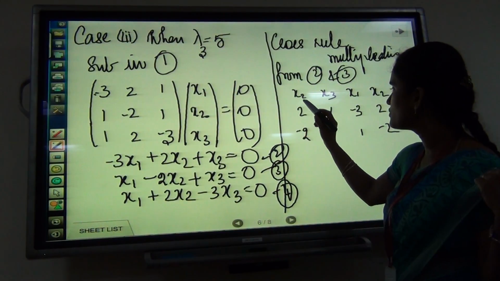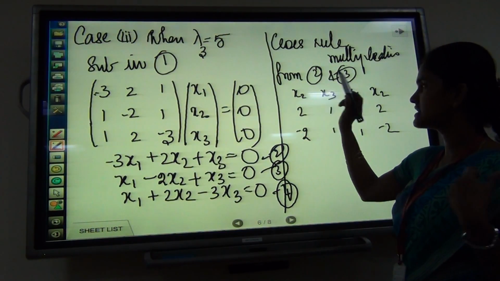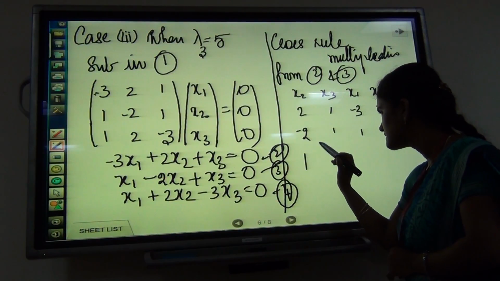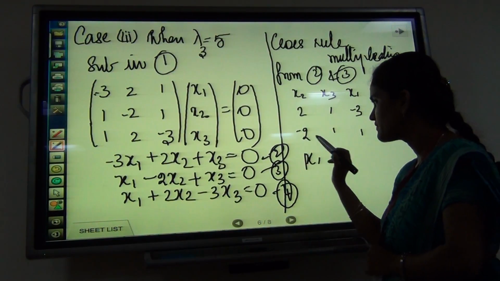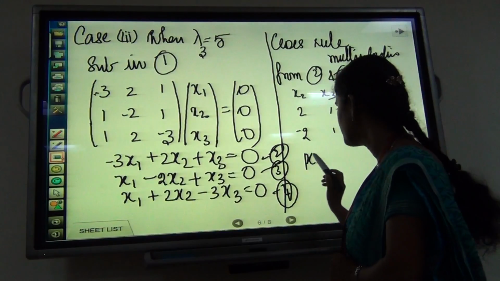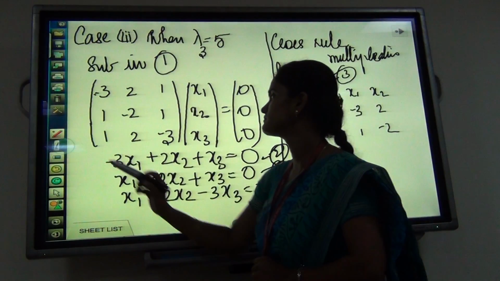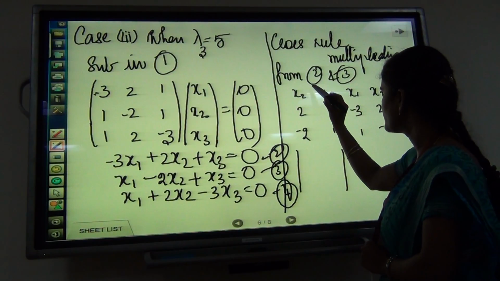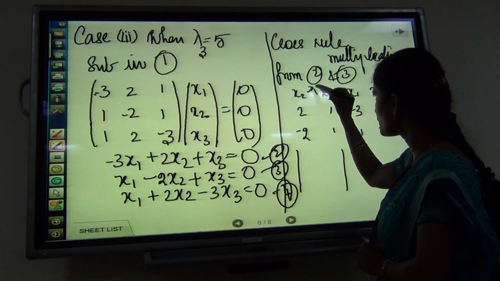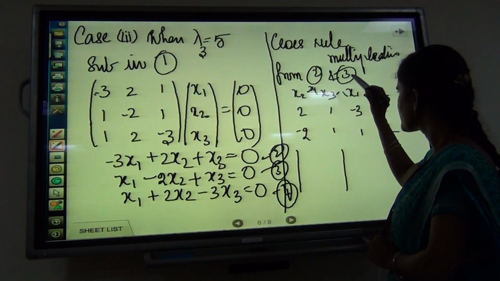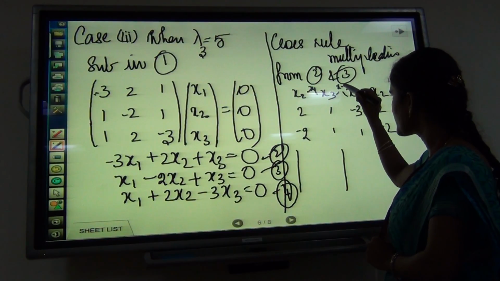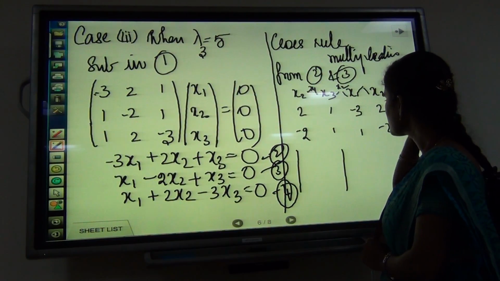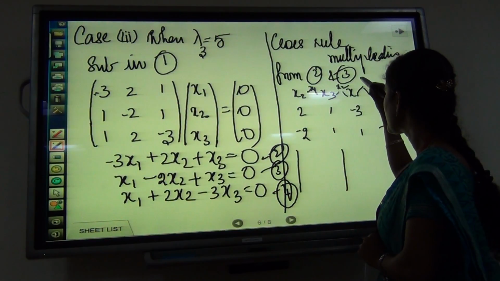Working out the determinant of x2, x3, we get x1. Getting the determinant of x3, x1 you get x2, and working the determinant of x1, x2 you get x3.